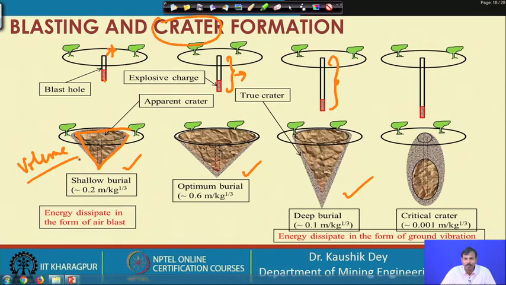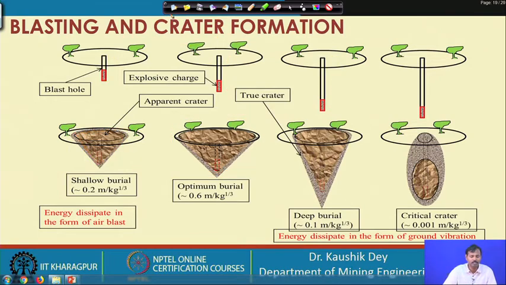So, the maximum fragmented rock mass is represented by the maximum crater. The maximum crater is formed at what depth? You can see in the shallow depth we have observed some crater, then we have observed a maximum crater at a certain depth, and if we increase the depth further, then the crater volume is reduced.